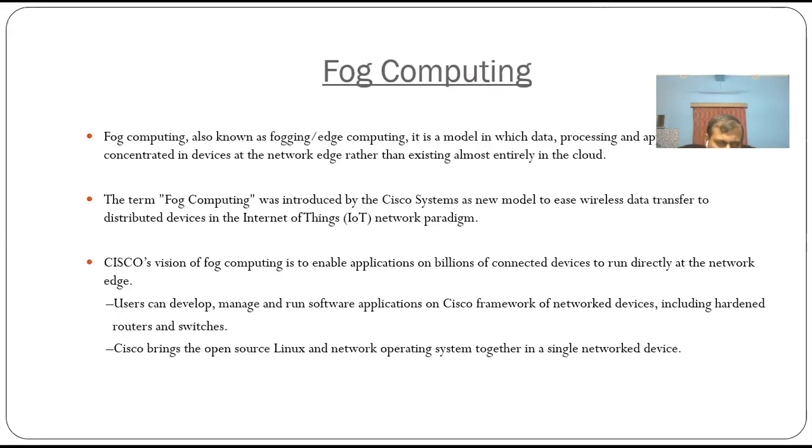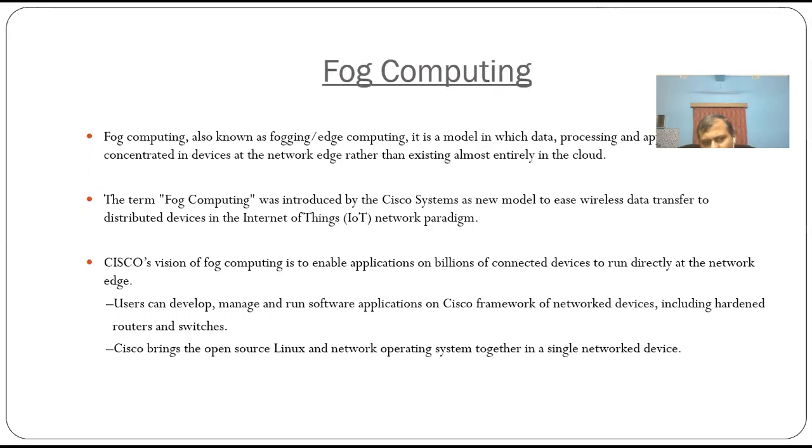Now, to address the limitations of cloud computing, fog computing basically came into the market. It was the networking major Cisco Systems which introduced the concept of fog computing in the market in around the year 2014.